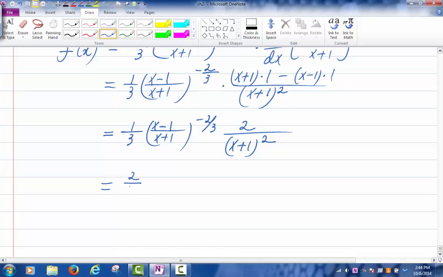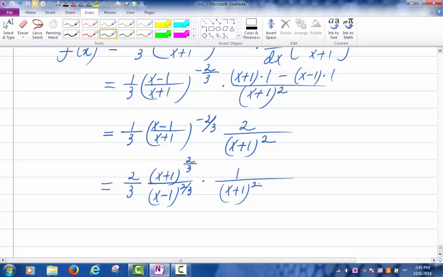Yeah, this would be 2/3 x plus 1 to the 2/3 x minus 1 to the 2/3, right? Times 1 over x plus 1 squared. The reason I switched the numerator and the denominator of the fraction is because I'm making the exponent positive.